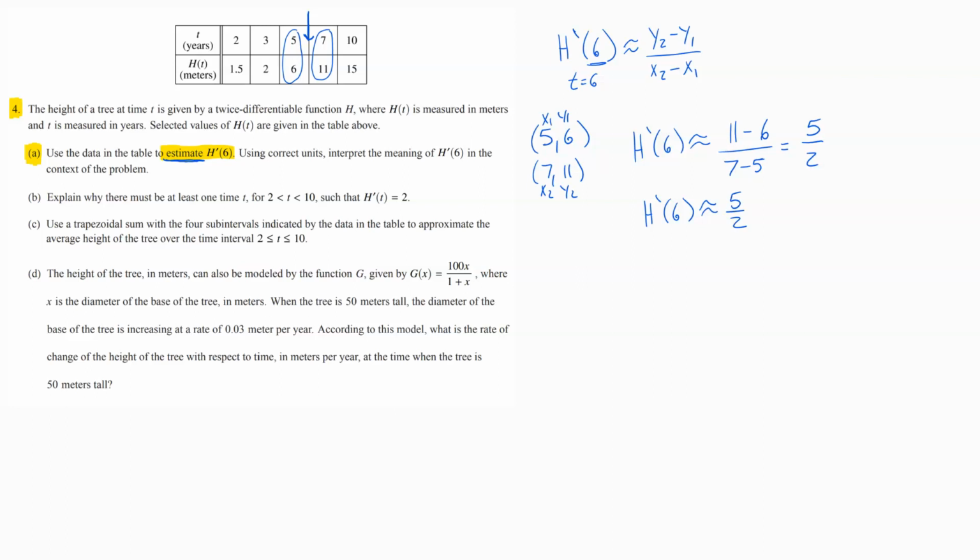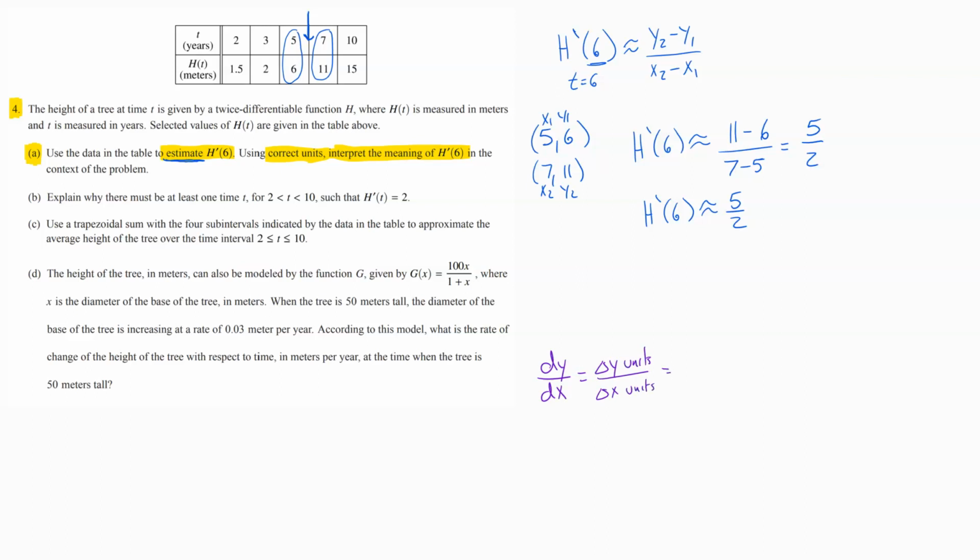Now the second part of this problem wants us to use correct units on that approximation, and then they want us to interpret the meaning of h prime of 6. So when I'm going to do units, I always kind of go back to standard derivative notation. dy dx. This is the change in y units over the change in x units.